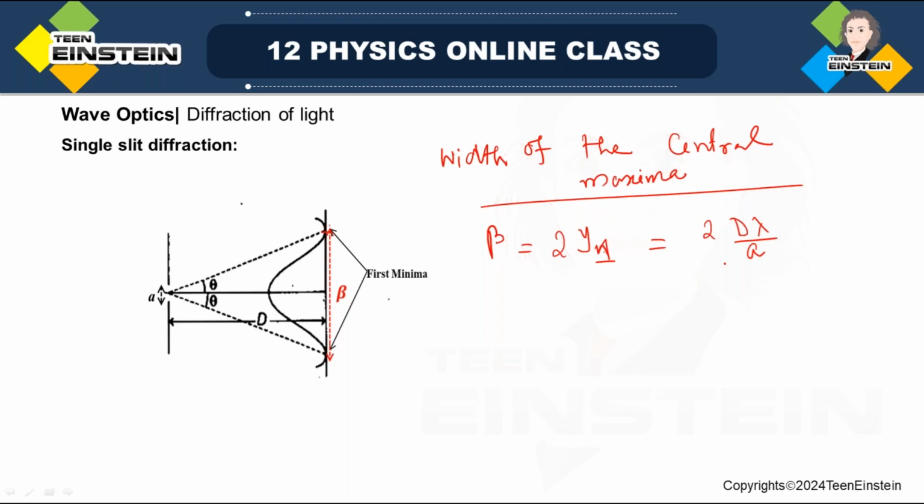So d lambda by a, so it is actually, yes, this is the width 2 into y1, because this much is y1 and here also this much is y1, 2 into y1. So y1 we know d lambda by a, right?